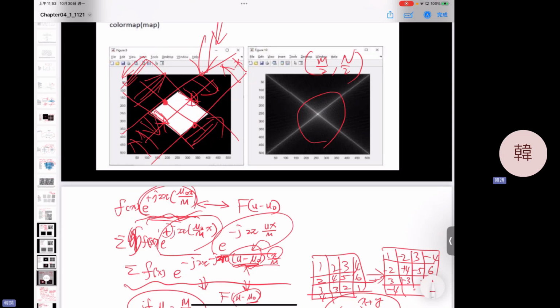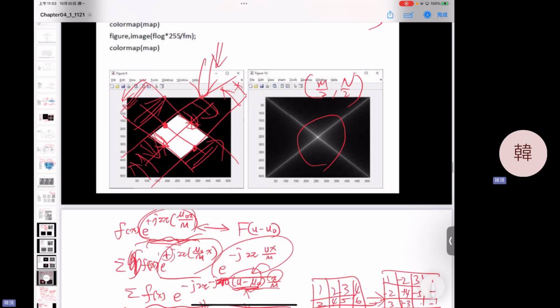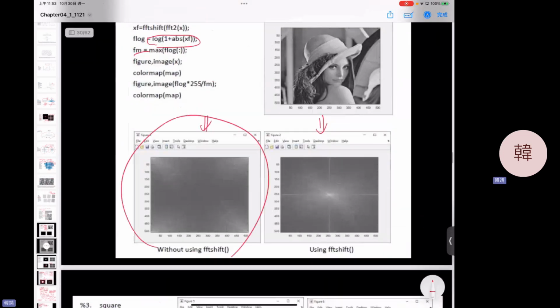But mathematically, you have to understand. If you don't do anything, you will get this result: all the low spectrum is located at the four corners, and the high spectrum is located at the center part. But if you apply FFT shift, it will become like this, shifted to the center. They just multiply by minus 1 to the power of the coordinate summation. Easily programmed. Okay, is that okay?